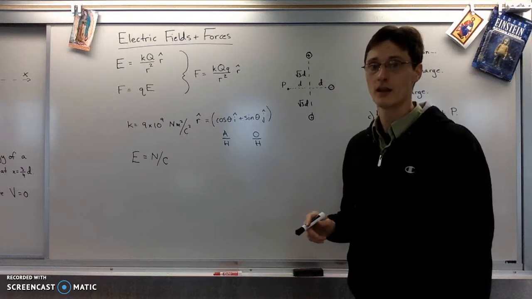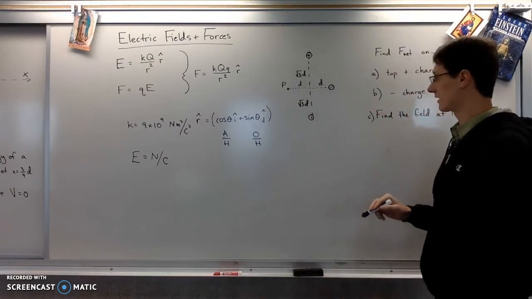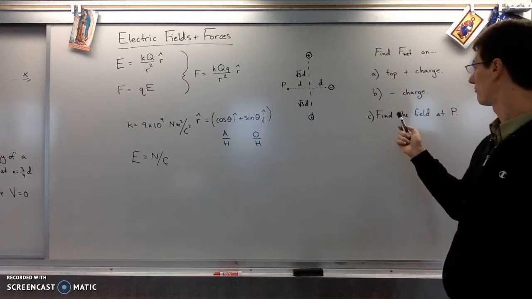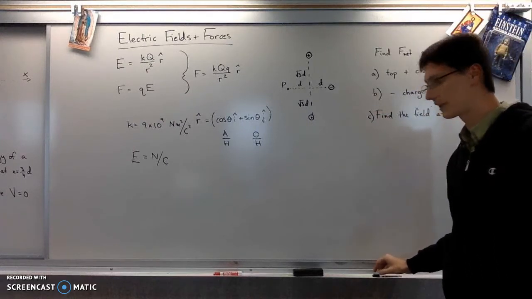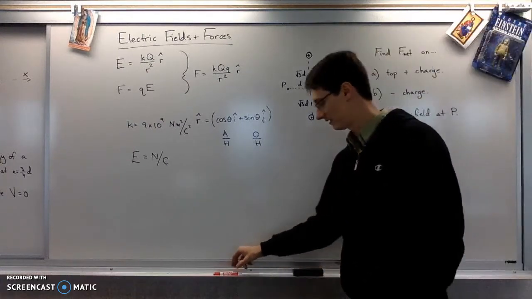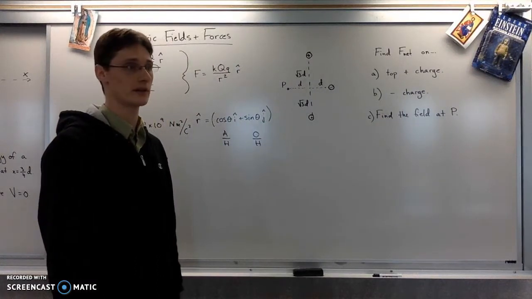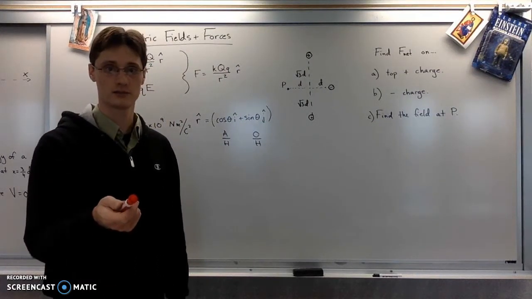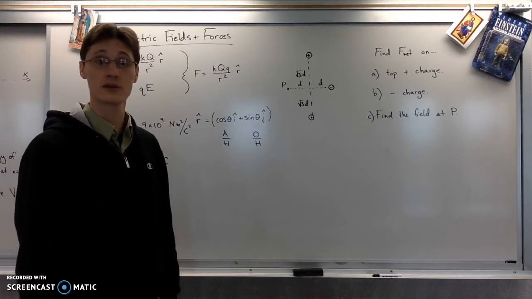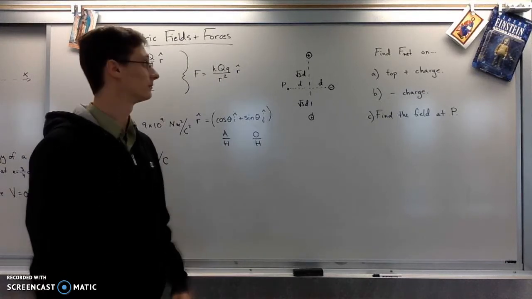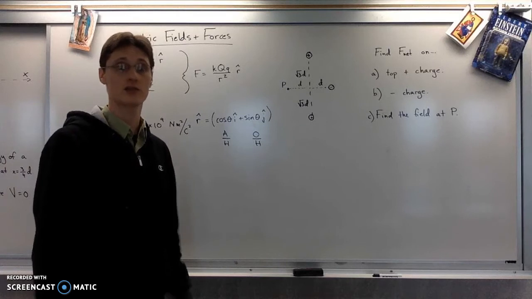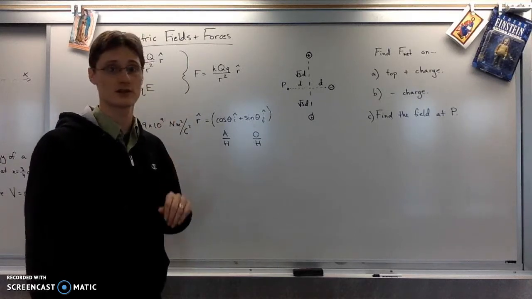Okay, all right, let's actually set about our work of finding the electric field at P. Oh, the other thing I meant to mention: fields always go away from positive charges and towards negative charges, right?